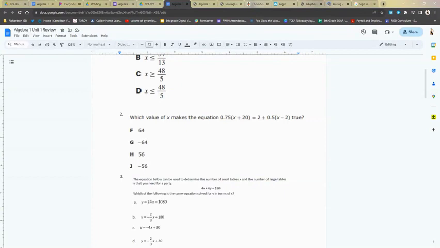All right, so this next one is solving an equation. So just a tad bit different from an inequality. We're going to start with distributive property again. So I'm going to distribute this term to each term inside the parentheses.